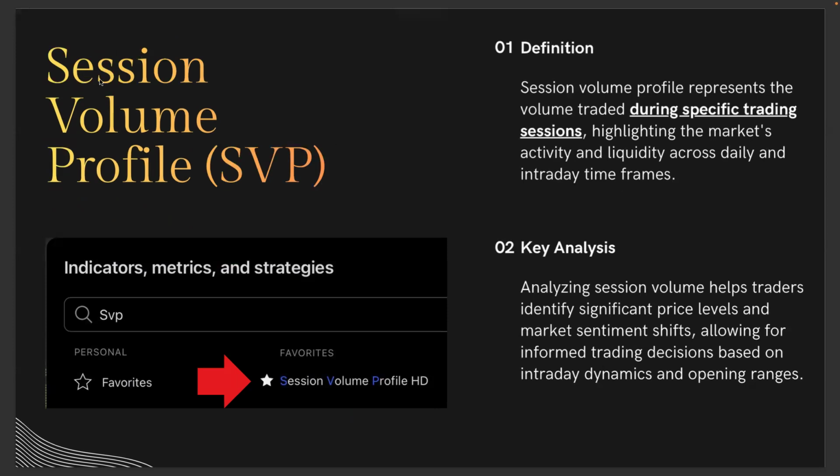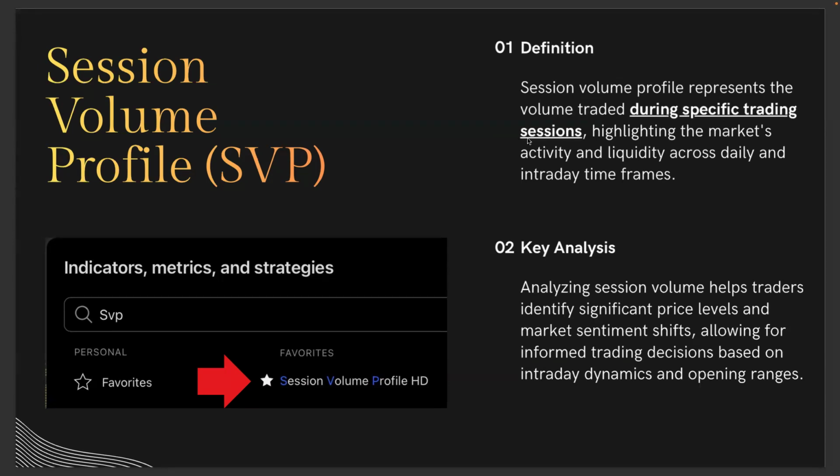Then we have session volume profile, or SVP. This one will be more popular for intraday day trading. It's not that important for longer term positions. Session volume profile represents the volume traded during specific trading sessions.